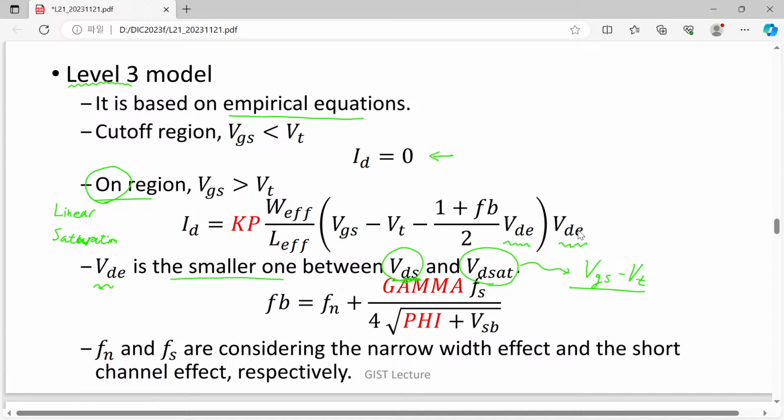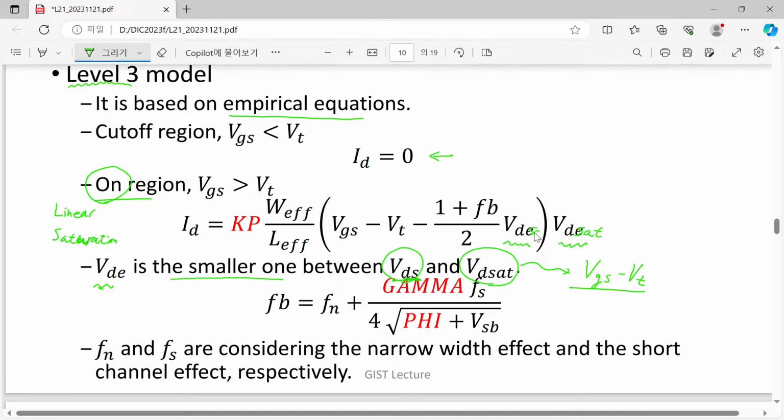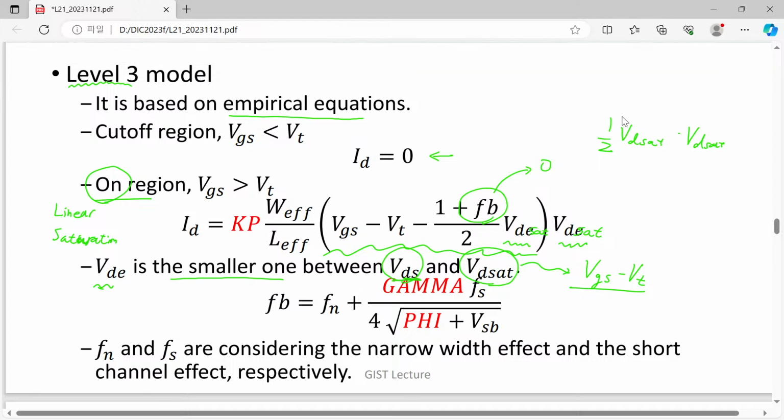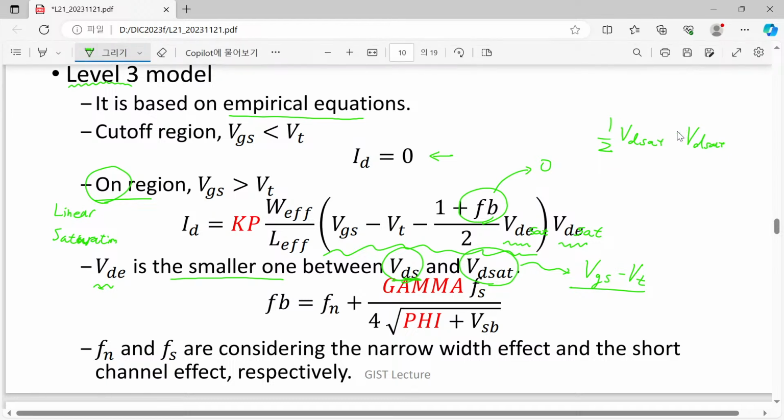For example, let's say that this is VDSAT. If we have the FB parameter equal to 0, then all of this becomes just half VDSAT multiplied by VDSAT once again, so we can recover our previous expression for saturation current.